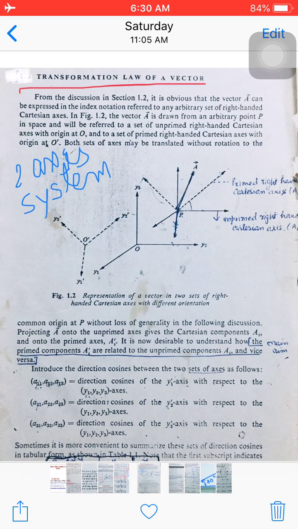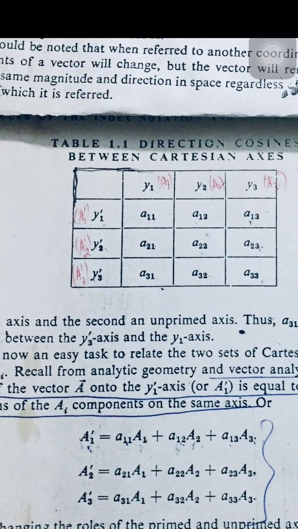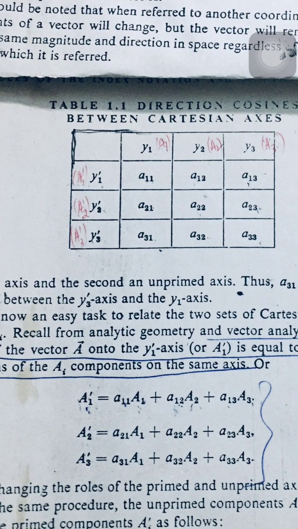Sometimes it is more convenient to summarize this set of direction cosines in tabular form, which is easier to recall. So we see in the next slide, this is the table: direction cosines between Cartesian axes. On one side we have taken the prime axes.